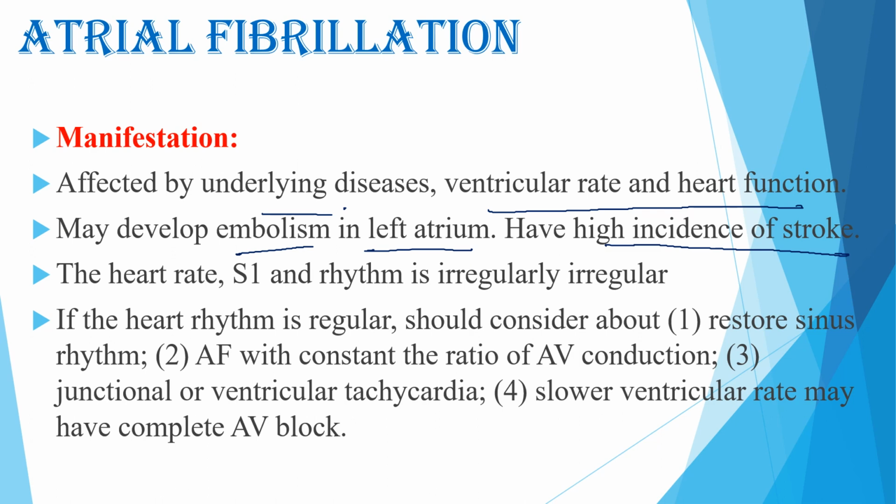The heart rate, first heart sound and rhythm are irregular. If the heart rhythm is regular, you should consider restoration of sinus rhythm, atrial fibrillation with a constant ratio of AV conduction, junctional or ventricular tachycardia, or a slower ventricular rate that may have complete AV block.